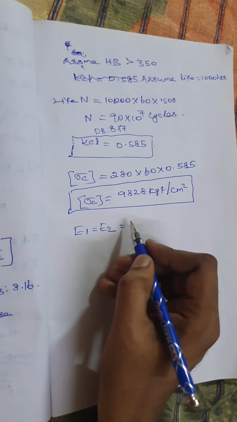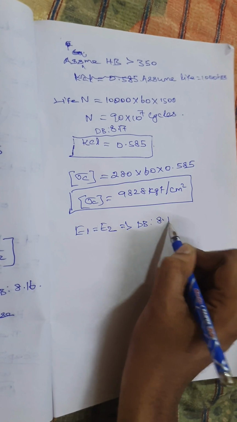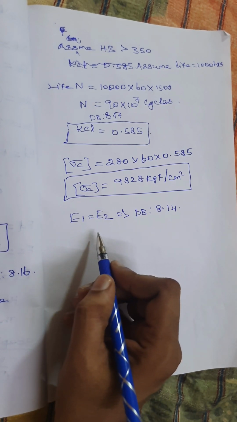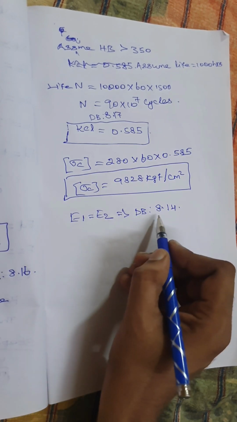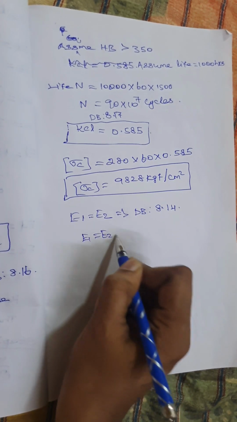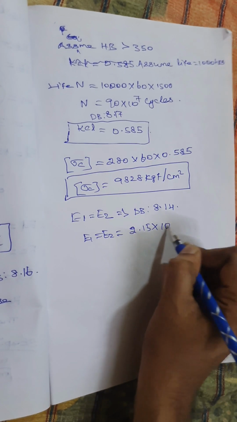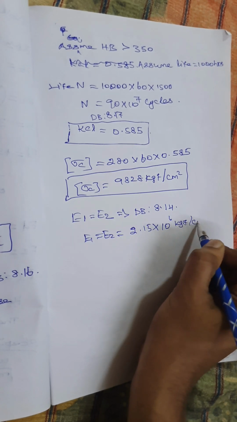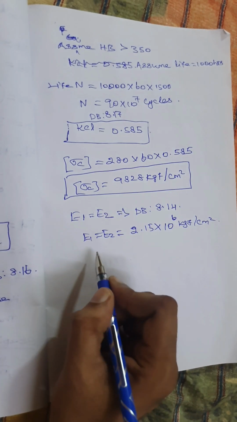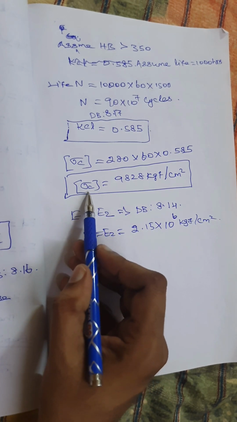This value can be found from the data book, page number 8.14. For steel, it is equal to 2.15 into 10 to the power 6 kgf per centimeter square. So we found the value of E1, E2 and sigma c.